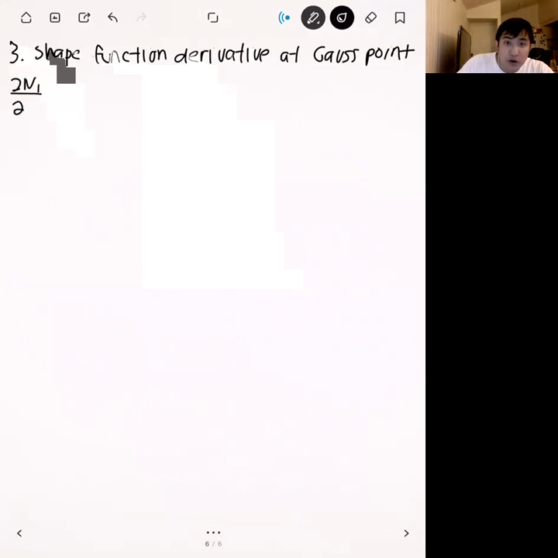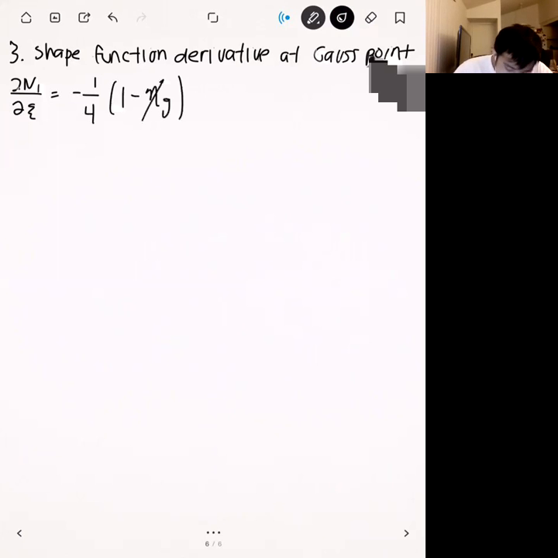The formulas are given in the notes, so I'm not going to repeat them all here. I'll write out the first one. Partial N1 partial xi is minus 1/4 times 1 minus eta g, and since eta g is 0, it's just minus 1/4. Then we repeat this for all the other shape function derivatives.